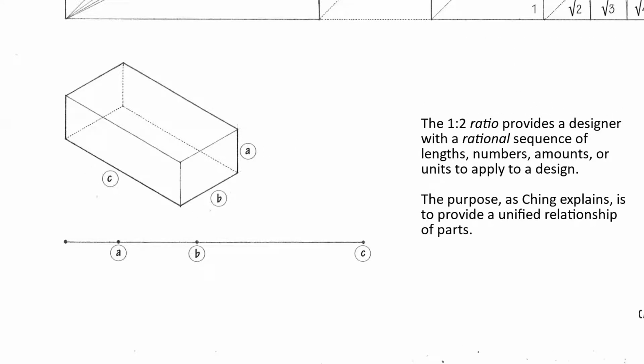The 1:2 ratio provides a designer with a rational sequence for lengths, numbers, amounts, or units to apply to a design. The purpose, as Ching explains, is to provide a unified relationship of parts.